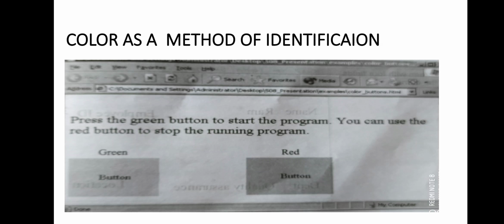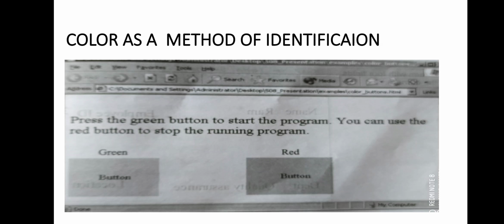Hence products using color text, color pictures, color screens should not use color as the sole method of identification. You can take example of this picture, that here you can see there are two colors, green and red. These are used as a method of identification. So maybe it is very useful for some people but not for others. So we have to consider it also.